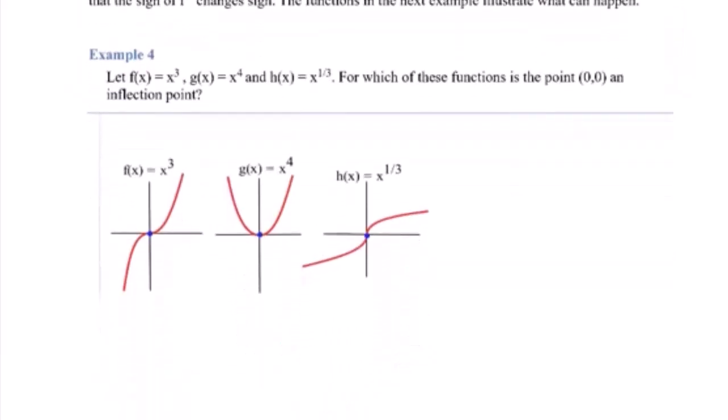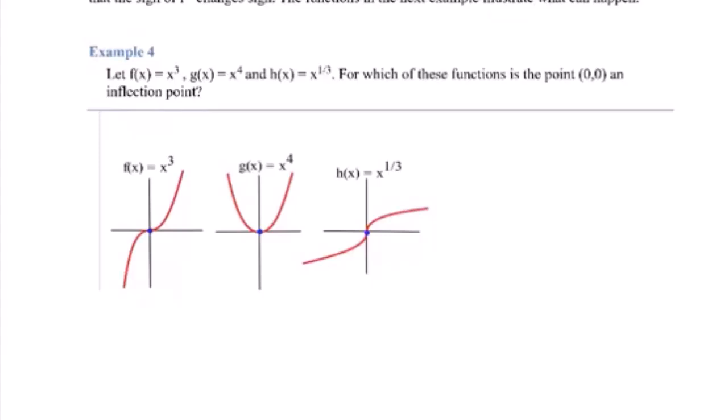Okay, so example 4. We have f of x equals x to the third power, g of x equals x to the fourth power, and h of x equals x to the 1/3 power. For each of these functions, is the point (0, 0) an inflection point?